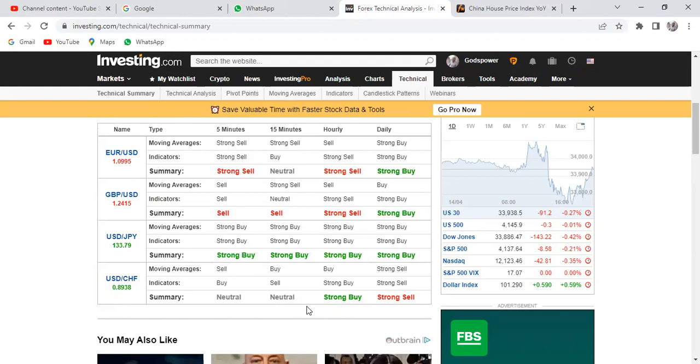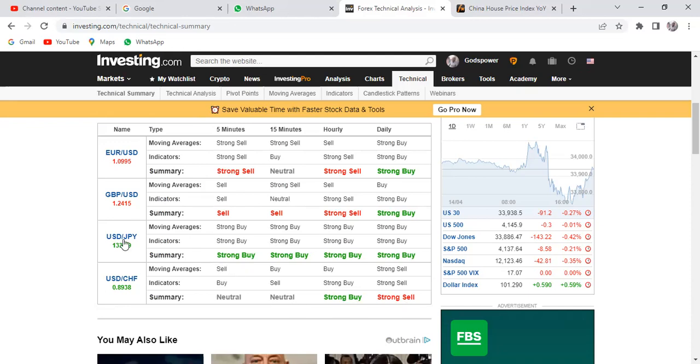This one is also wrong because it's not aligned. If it's going with a strong sell, fine. The three statements here are neutral, strong sell, strong buy. So just let it be neutral.